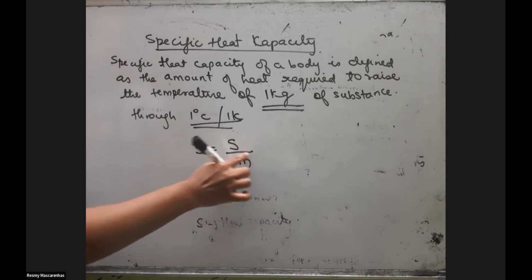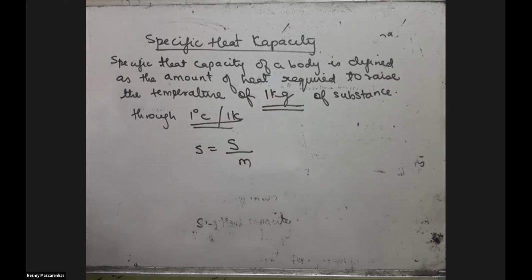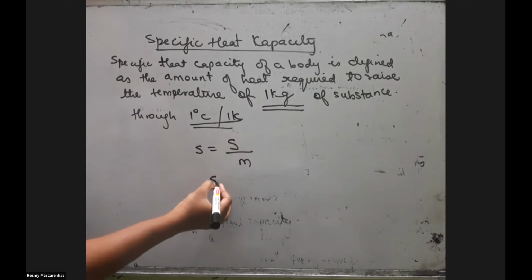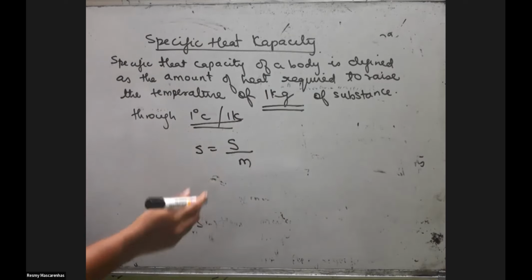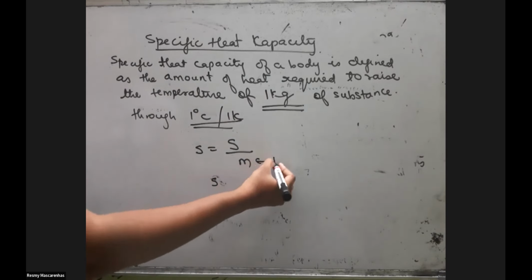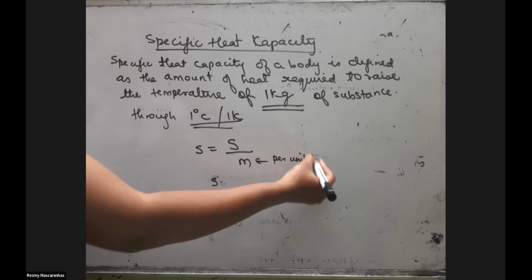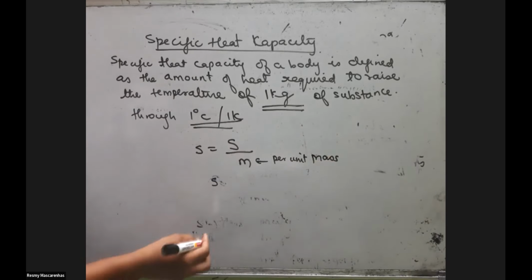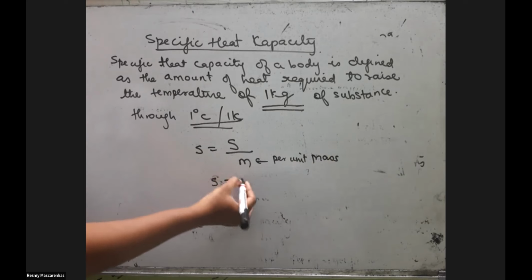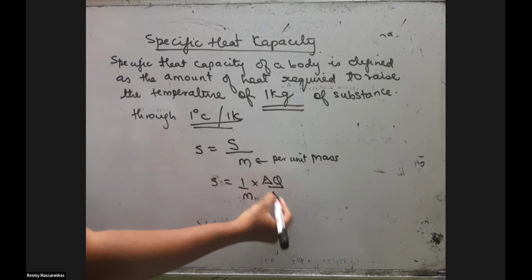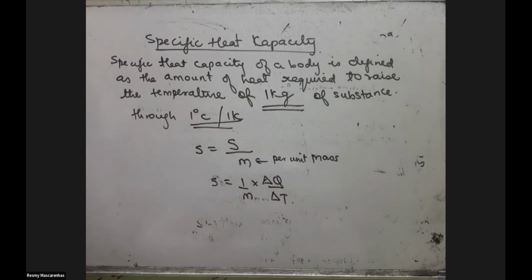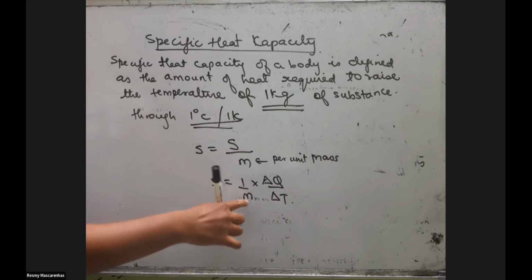Since it is per kg, s equals 1 upon m times delta Q upon delta T, where m is the mass.